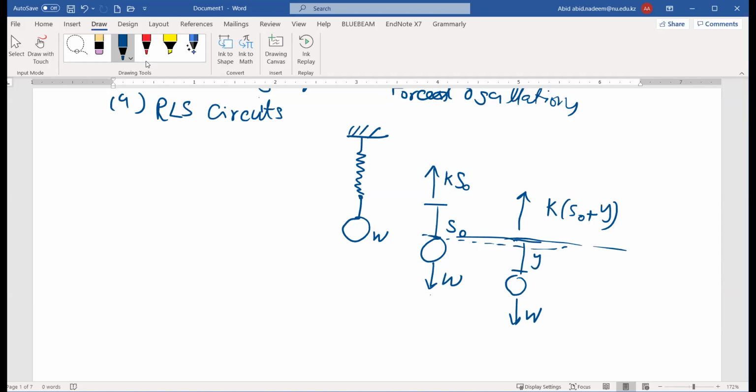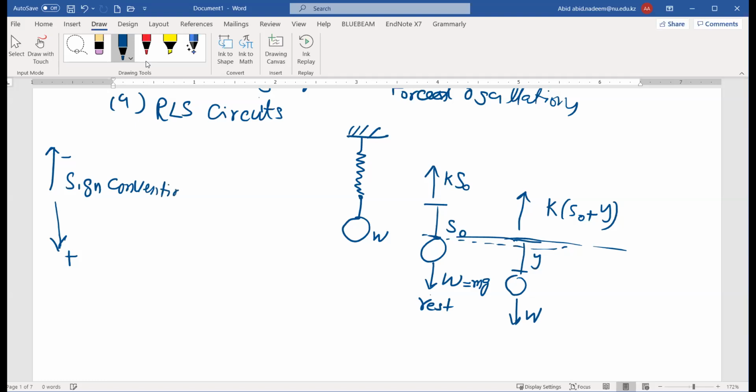So in the first situation, when the mass was at rest, we have two forces. The downward force was W, which we can represent by mass times the acceleration due to gravity. Remember that we take the sign convention as given in this book: the downward force or downward motion is represented by a positive sign, and the upward force by a negative sign, okay? So you must remember this sign convention.